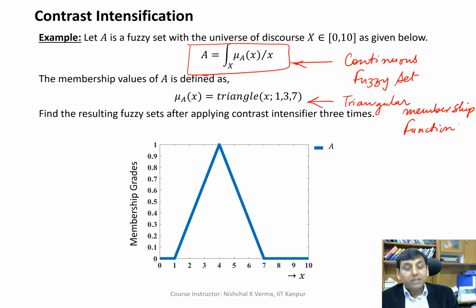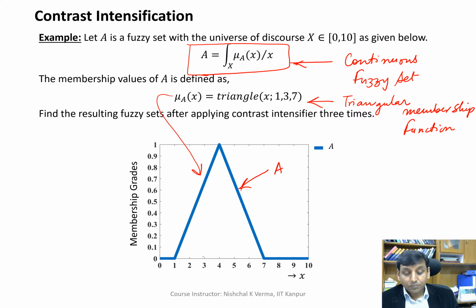So here we have a triangular membership function, and the vertices are 1, 3, 7. We can see here the same membership function, and it is for fuzzy set A. So this is a membership function which is characterizing a fuzzy set A.